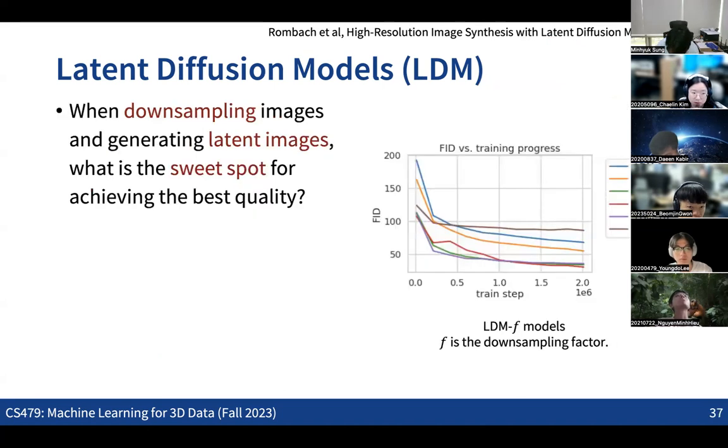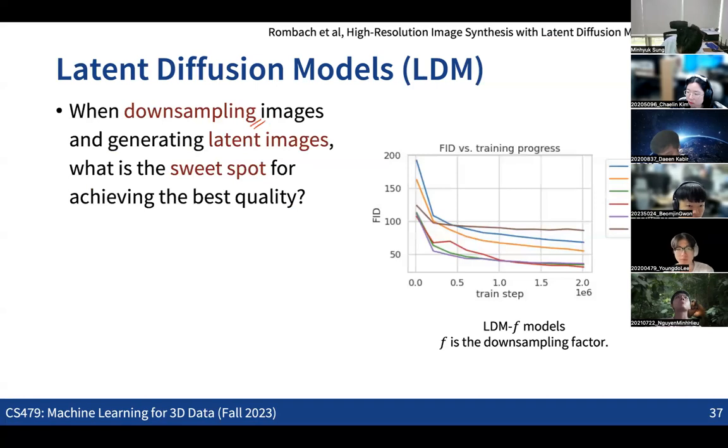People also experimented with different downsampling cases. As I said, the downsampling is not just decreasing the resolution of the images, but mapping the images into lower resolution latent images.